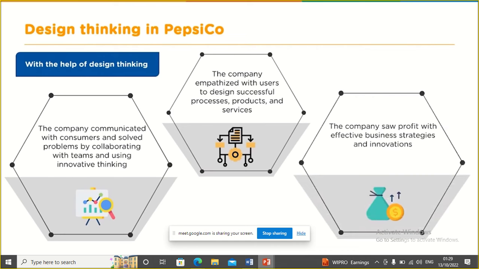The company empathized with users to design successful processes, products and services. Then finally they produced products to satisfy the expectations of the consumers. At last, the company saw profit with effective business strategies and innovation.